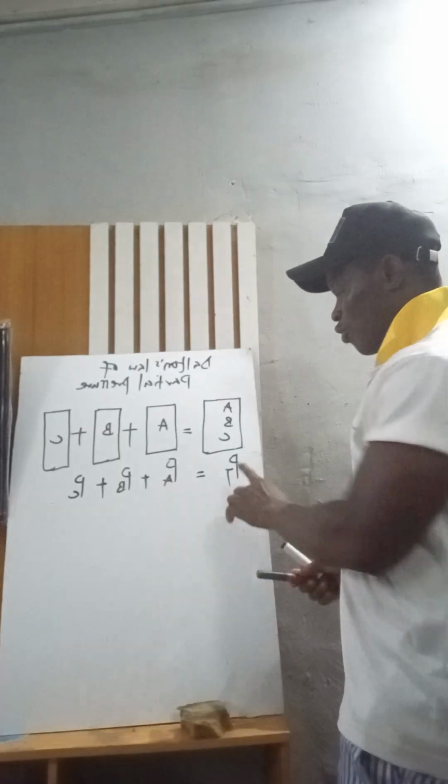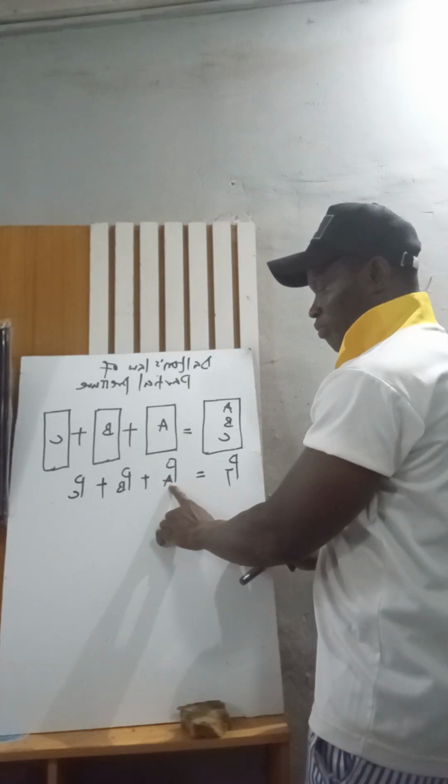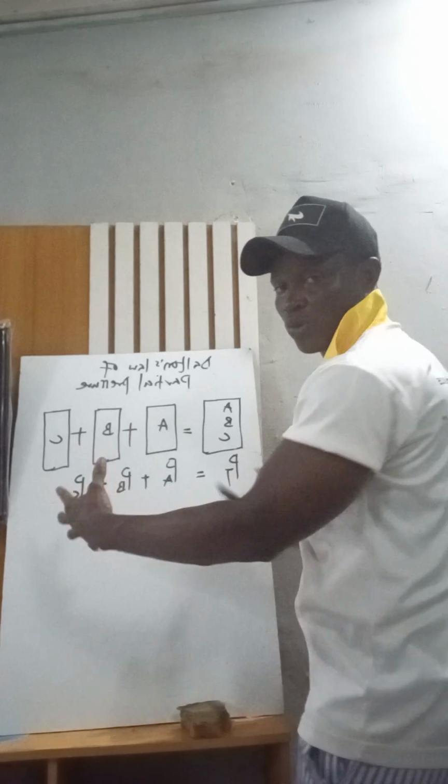Okay, so what does that mean? The total pressure of ABC is equal to the partial pressure of A plus partial pressure of B plus partial pressure of C. So sum them together.